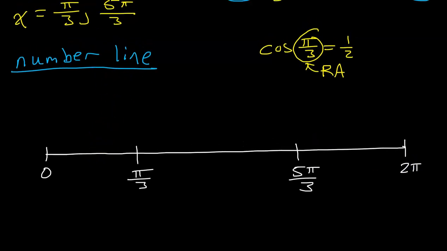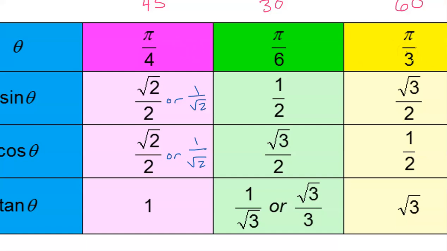Okay, let's pick some test values to use. Between 0 and pi over 3 would be pi over 6, so that'll be a good value to use. I'm making sure to use these as reference angles.